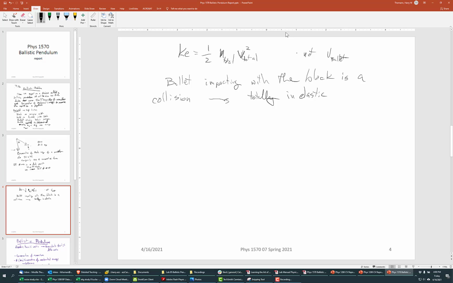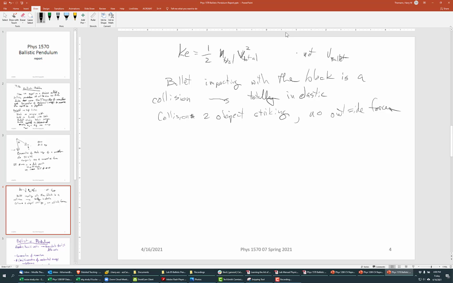So then you have to say, okay, a collision is two objects striking, something like this, and no outside forces. And so we also then know that this is why you can't use conservation of momentum on a pendulum, because there's an outside force.